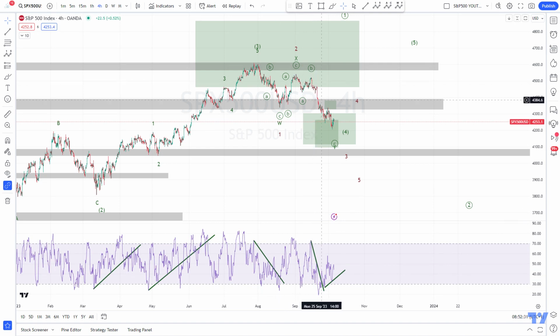So if we analyze this as a C leg, then it might be that this here was our wave 3, as you can see, the deepest RSI reading. Then we had a wave 5, and then here we have our wave 5 with divergence. And so then from here we can see more upside. So this is also a reversal sign.